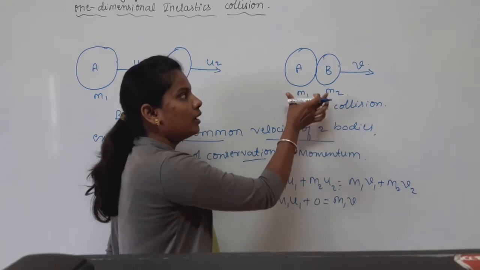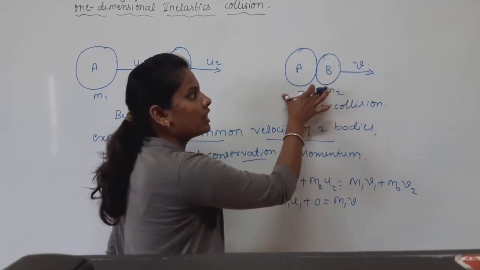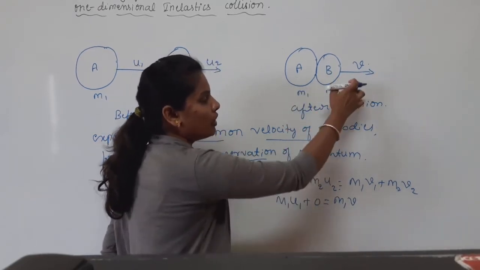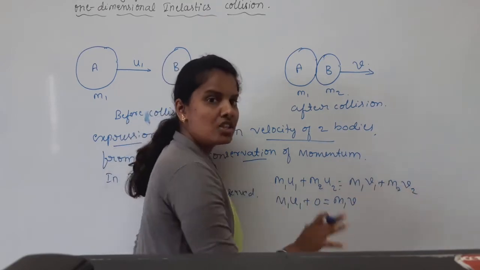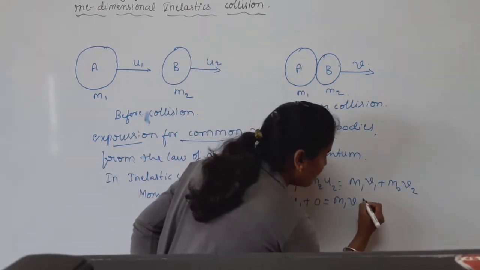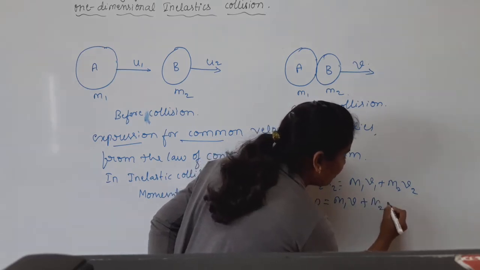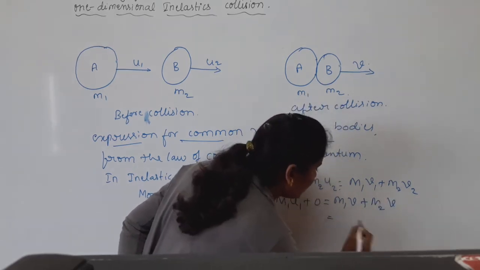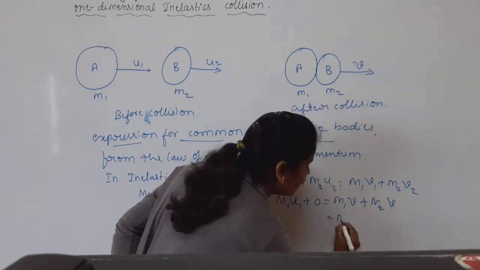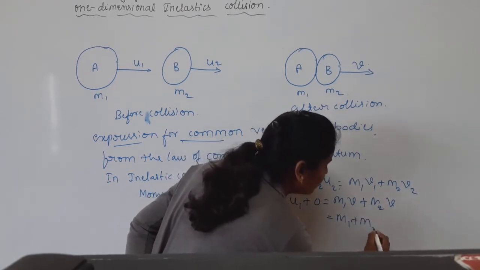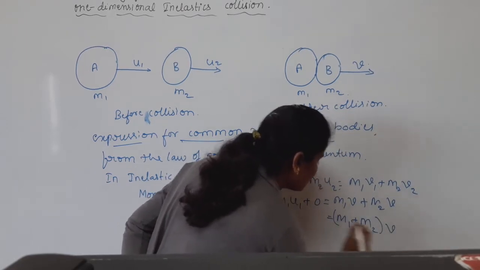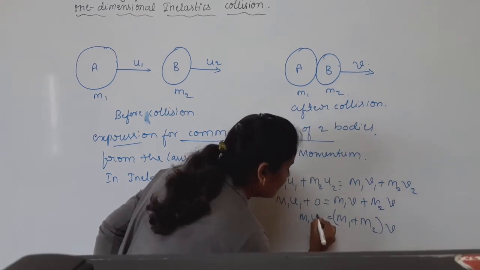After collision, both bodies move with a common velocity, so v1 and v2 are both v. Therefore m1 u1 equals m1 v plus m2 v. Taking v common, (m1 plus m2) v equals m1 u1.